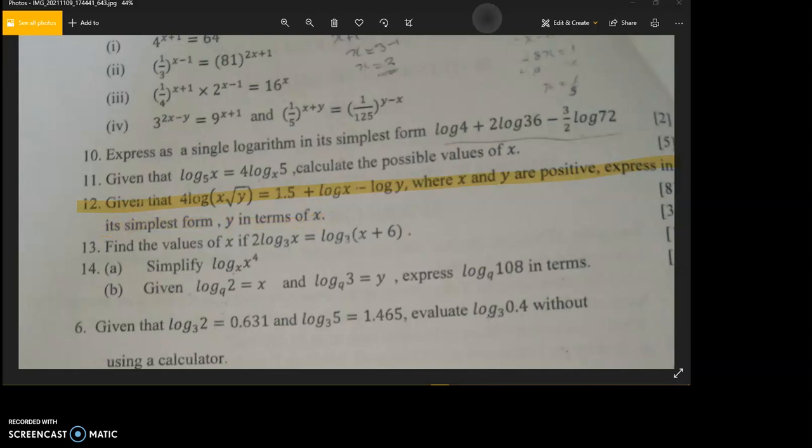So what they want us to do here is make y the subject of the formula.